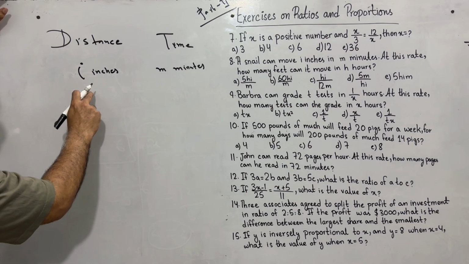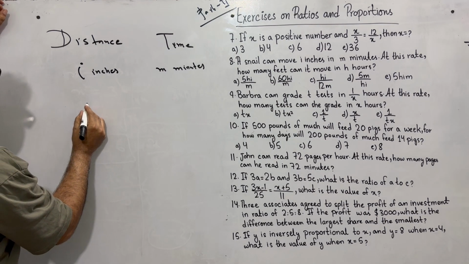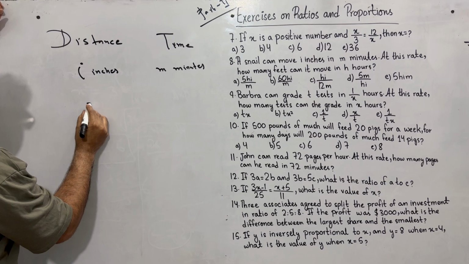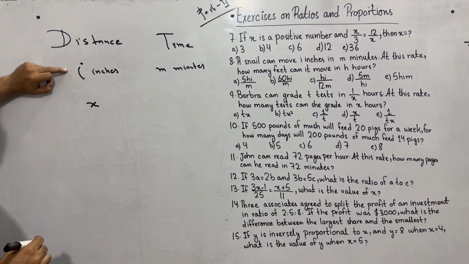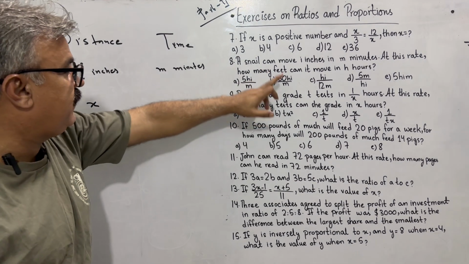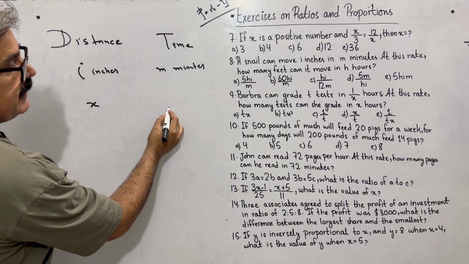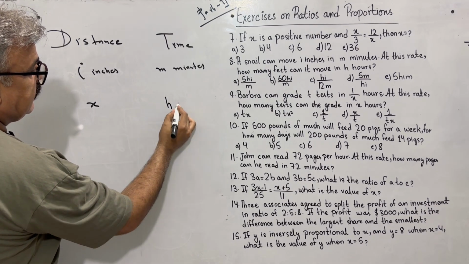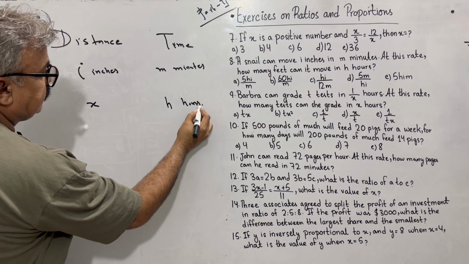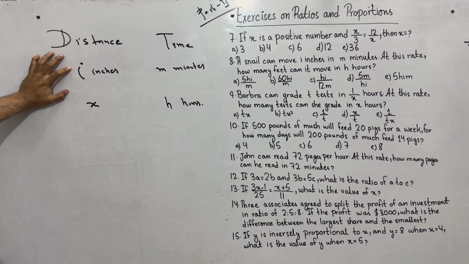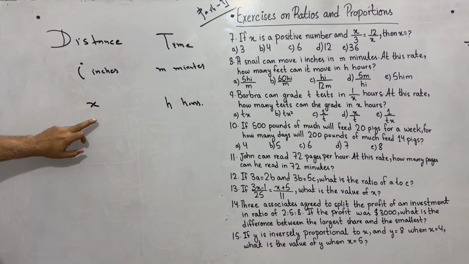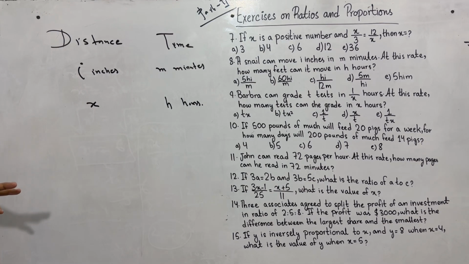Here we have inches, and we are asked to find our answer in feet. x question mark, I inches. We need the answer in feet. We are managing in h hours. Look at this: this is I inches, and we have to answer in feet. We can handle this one later.